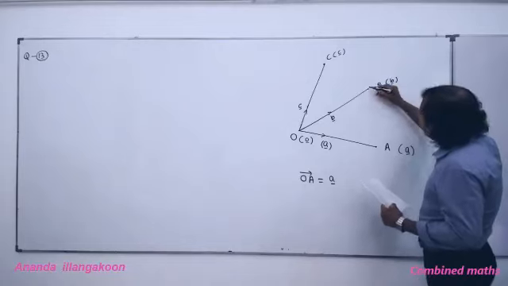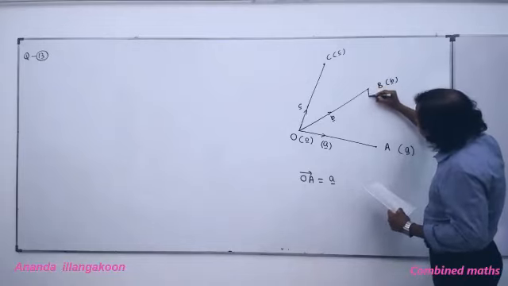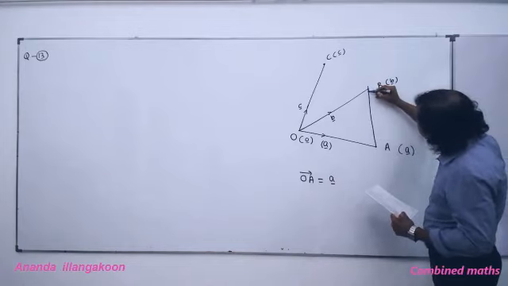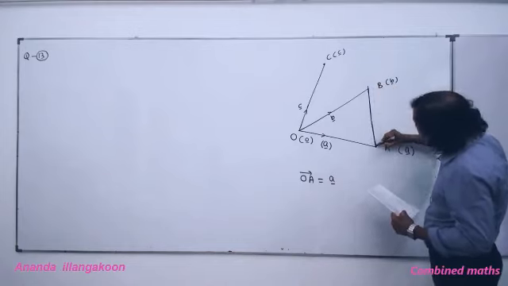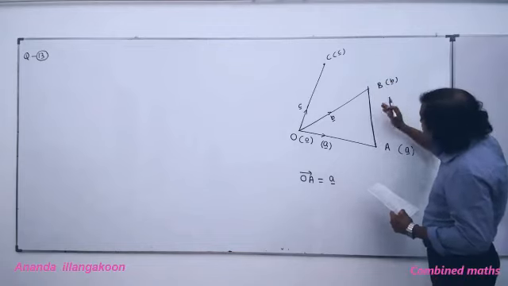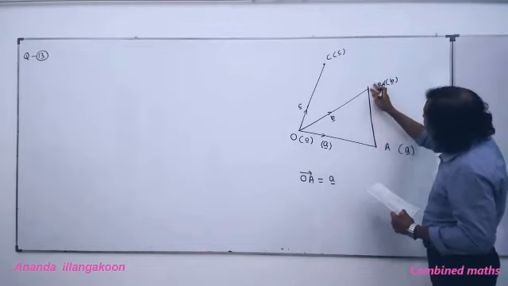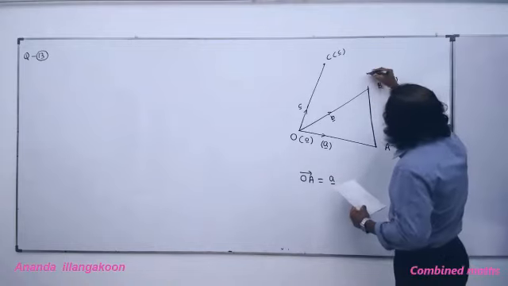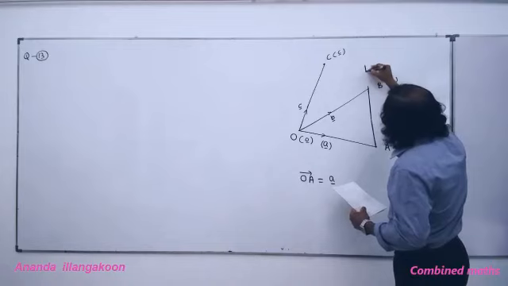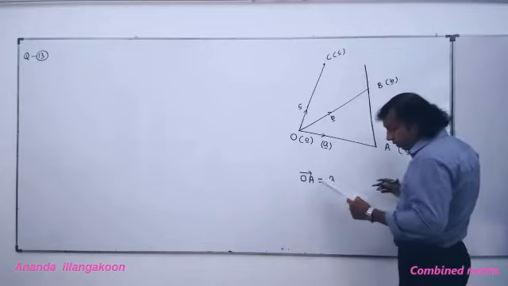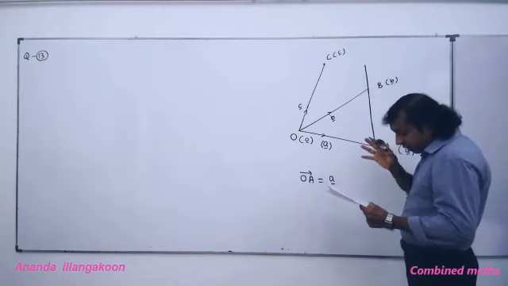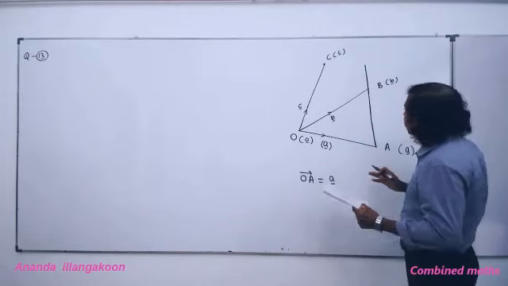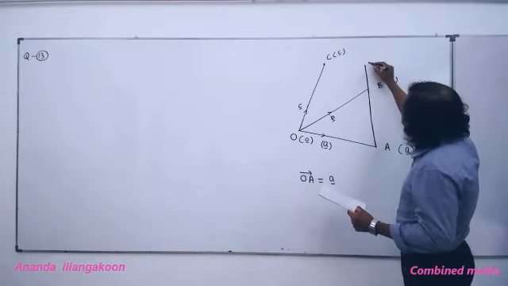When we join AB, this is the line joining A and B. AB produced means we extend the line AB past the point B this way. Somewhere here, suppose we have point X.